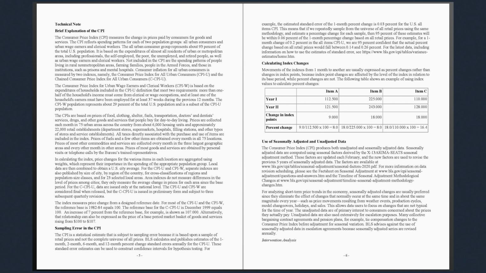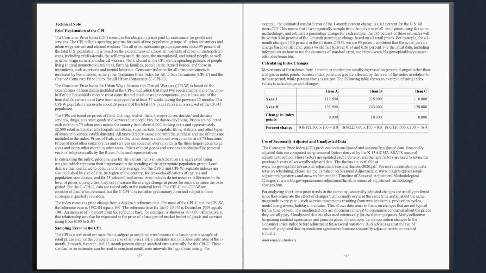The reference base for the C-CPI-U is December 1999 equals 100. An increase of 7% from the reference base, for example, is shown as 107.000. Alternatively, that relationship can also be expressed as the price of a base period market basket of goods and services rising from $100 to $107.